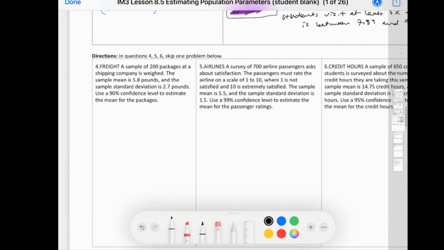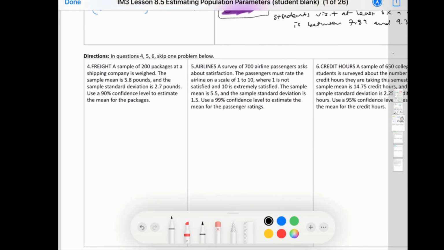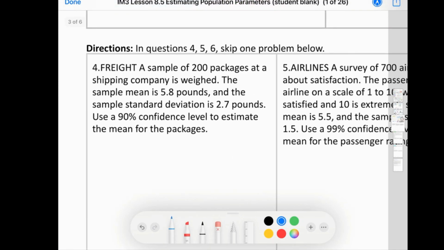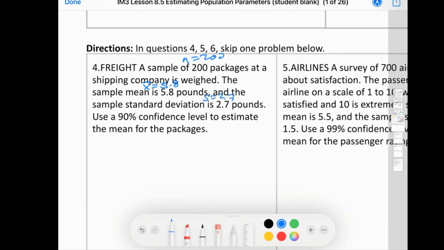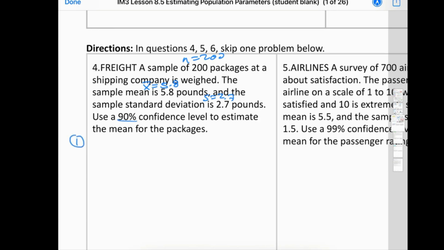All right, let's try the freight problem. A sample of 200 packages at a shipping company is weighed. The sample mean, so X bar, equals 5.8 pounds, and the sample standard deviation S equals 2.7. Use a 90% confidence interval. So what's our E value?